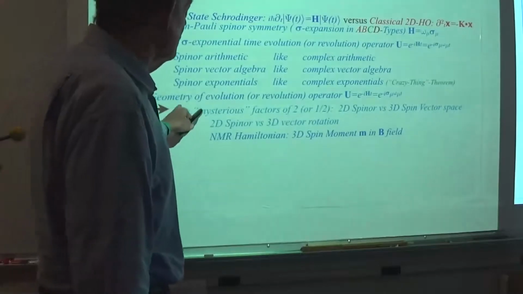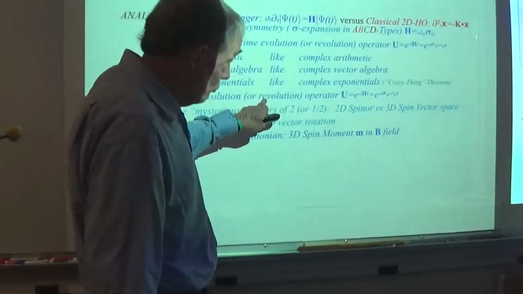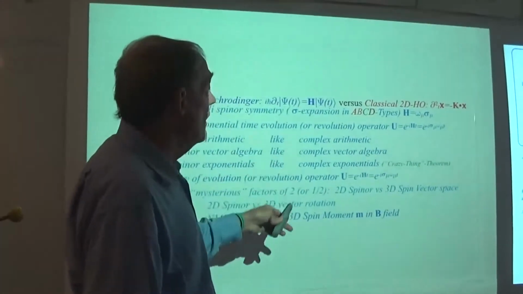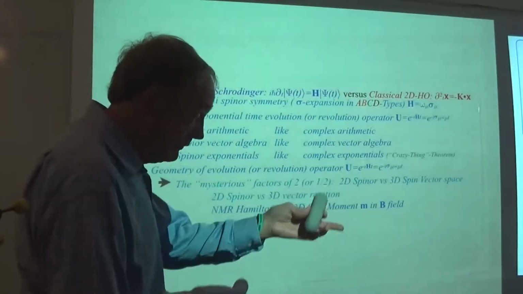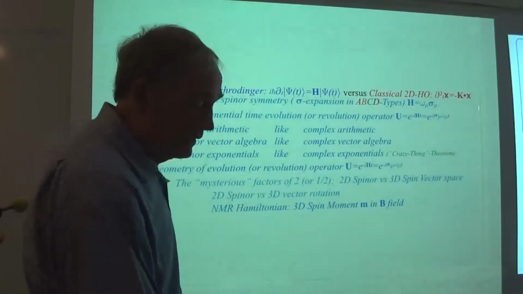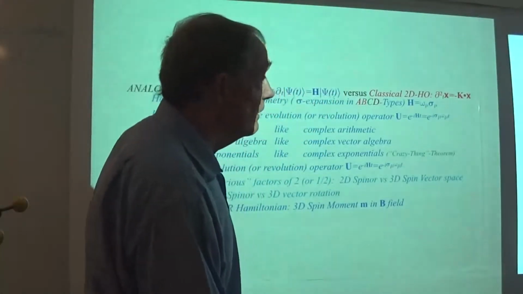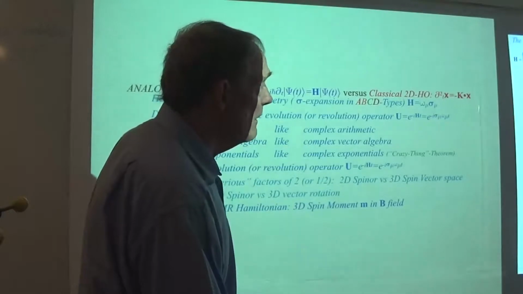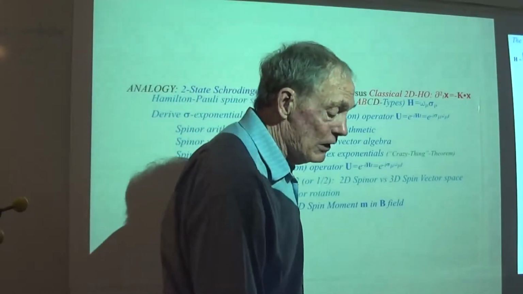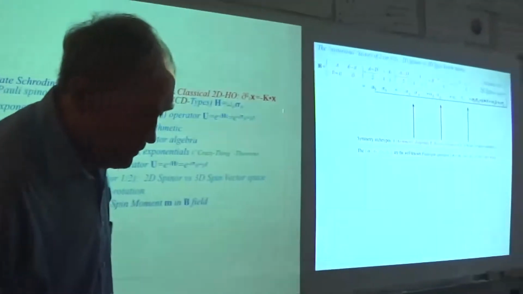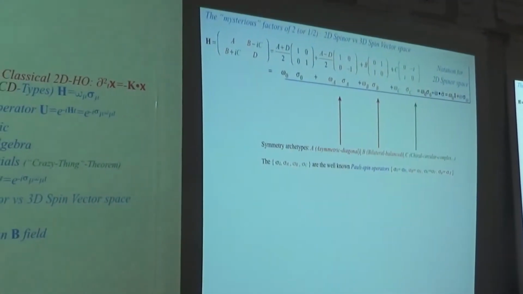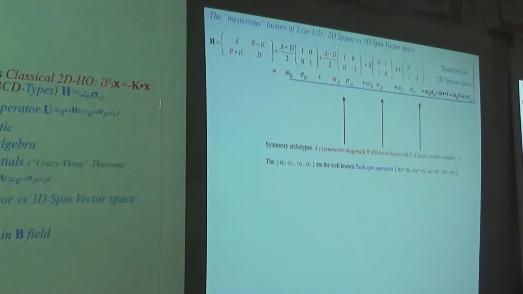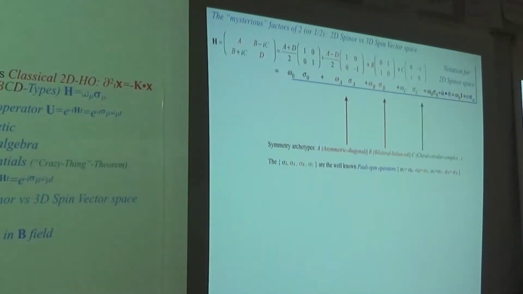Okay, so the geometry of evolution, really revolution, rotation operator, okay, first of all has these mysterious factors of 2 that we see first right here. But it would really help probably to pause for a minute and just collect all of the algebraic quantities that we're dealing with here and separate the way we deal with them if you're working in that complex 2D spinor space.